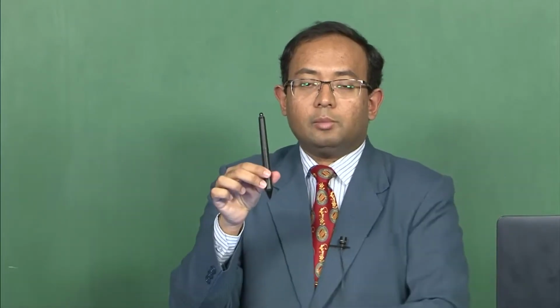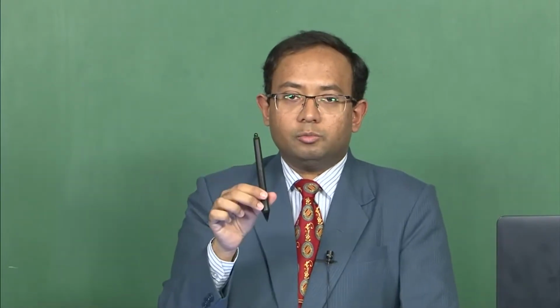If you are making this pen at a lower cost, the affluence of the people will be more, because say a person has 100 rupees, he will be able to purchase 10 of these pens. On the other hand, if you produce this pen at a larger cost, say 20 rupees, any person will be able to afford only 5 of these pens.